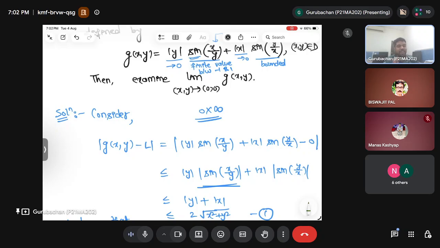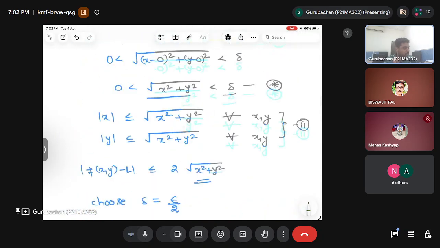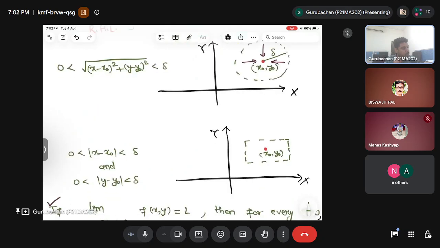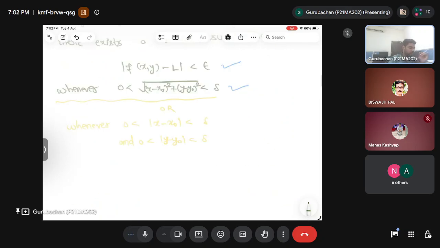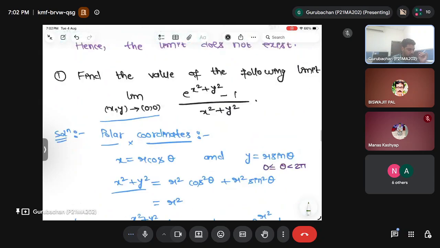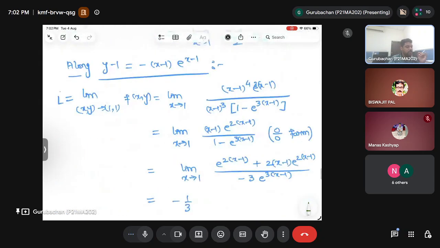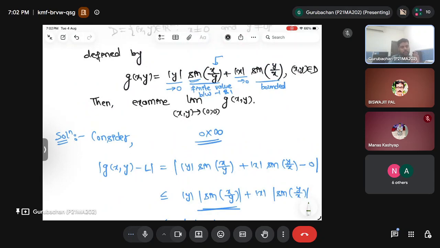Because you have an infinite number of paths, the neighborhood has infinite approaches to reach this point. So you cannot decide that you move from the left or from the right. You need to make it generalized. So either use the polar coordinate, or the epsilon delta definition. Clearly from the expression of the function, you cannot use the polar coordinate. Thus we are following the epsilon delta definition. So I hope it is clear now.